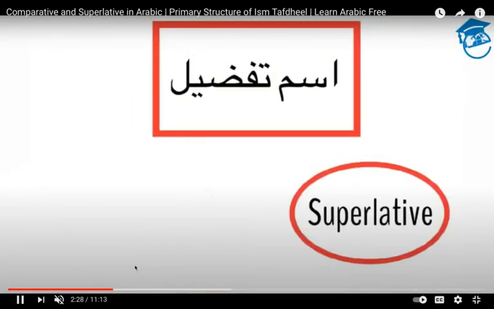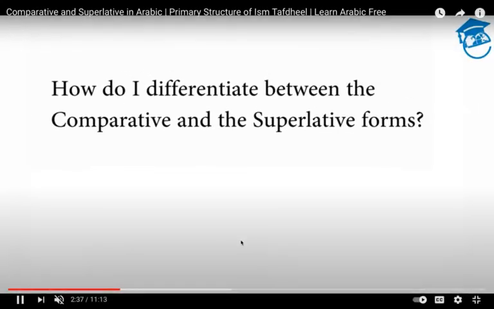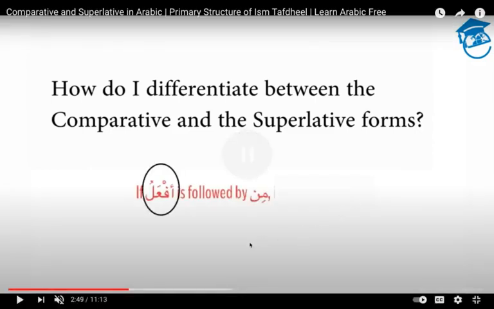Now, اسم التفضيل, like I said, can be a comparative or superlative. But how can we differentiate? This is the question, and I'm going to show you. In English, we can say big, bigger, the biggest, but here this doesn't change. أفعل doesn't change.